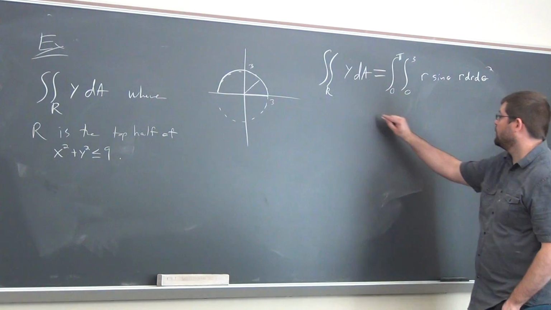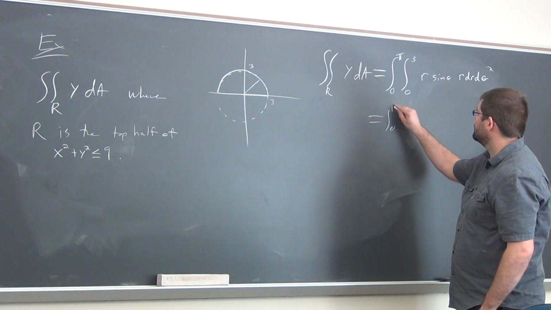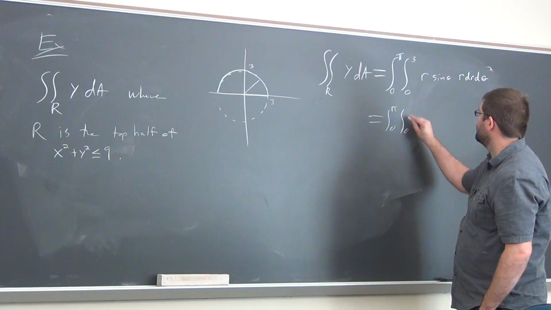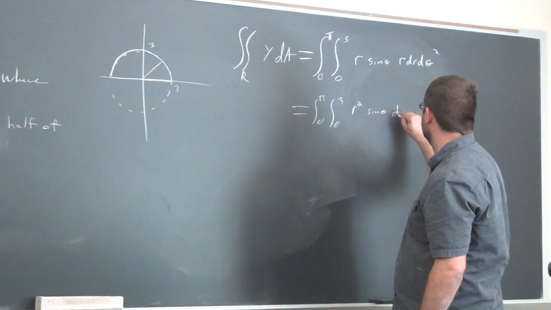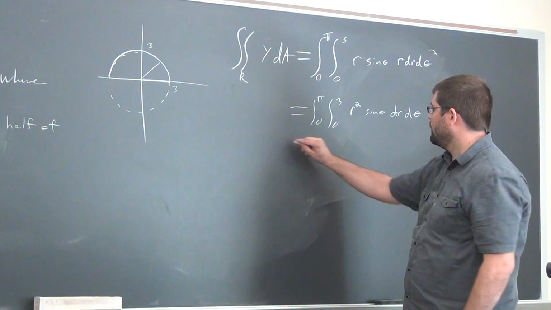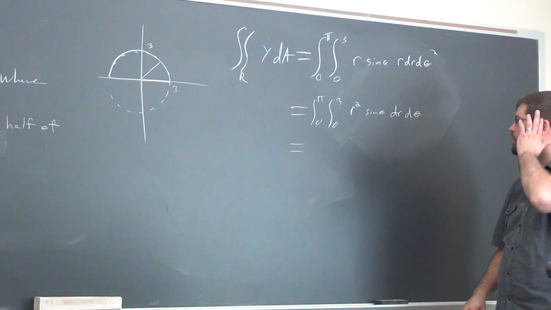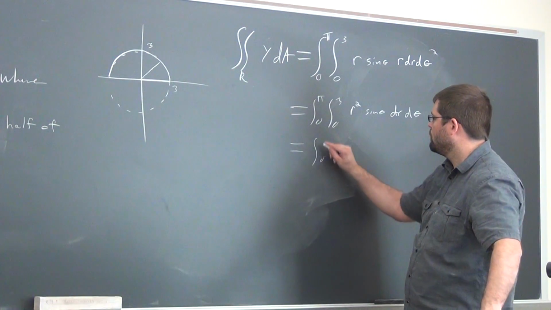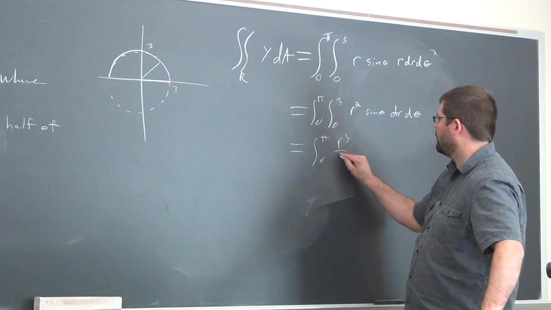And then just be careful, right? You have 0 to pi, 0 to 3, that's r squared sine of theta, dr d theta, and now just integrate as you would. So it's with respect to r, so that's r cubed over 3.